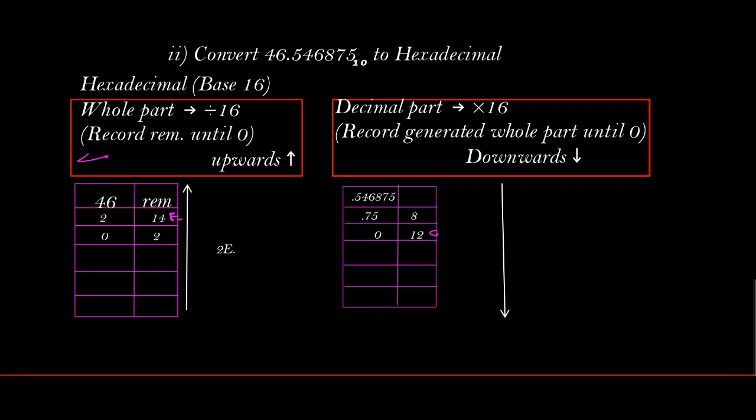So 12 is the same as C. So that number system will be 2E.8C. So that is how to convert a decimal number system or a total value of a number to hexadecimal. Hexadecimal means the base is 16. So we divide the whole part by 16, we multiply the decimal part by 16 until the process comes to an end.